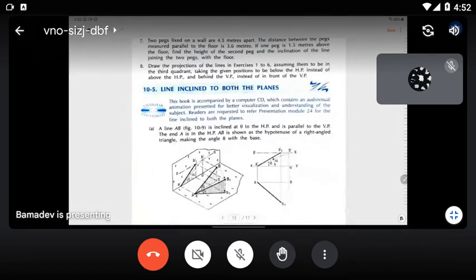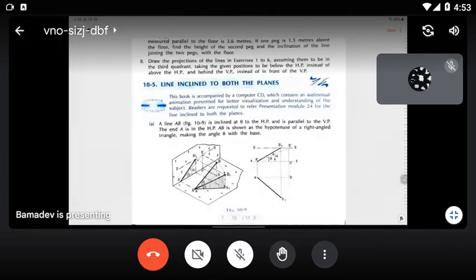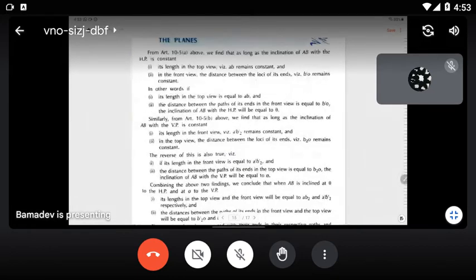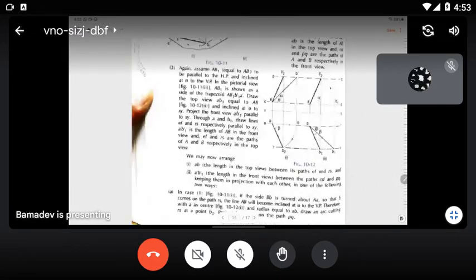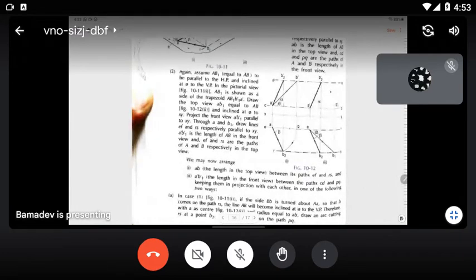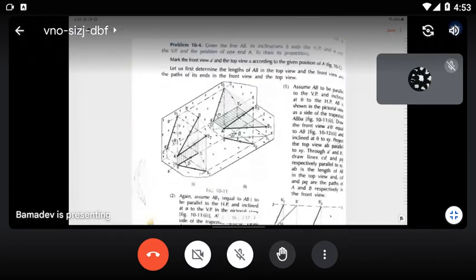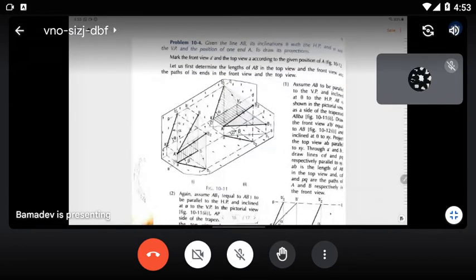So the last case, straight line inclined to both the planes. If I show you here, you will only be confused, right?